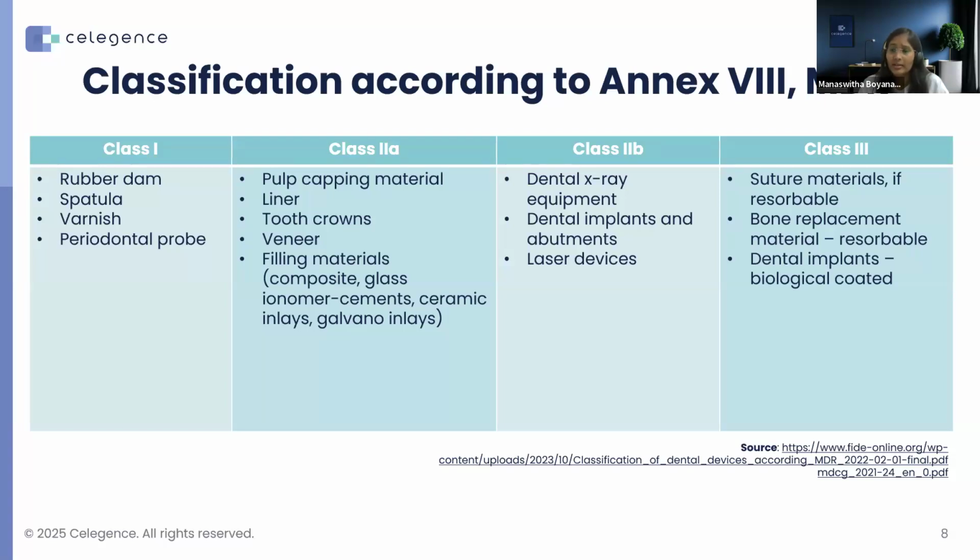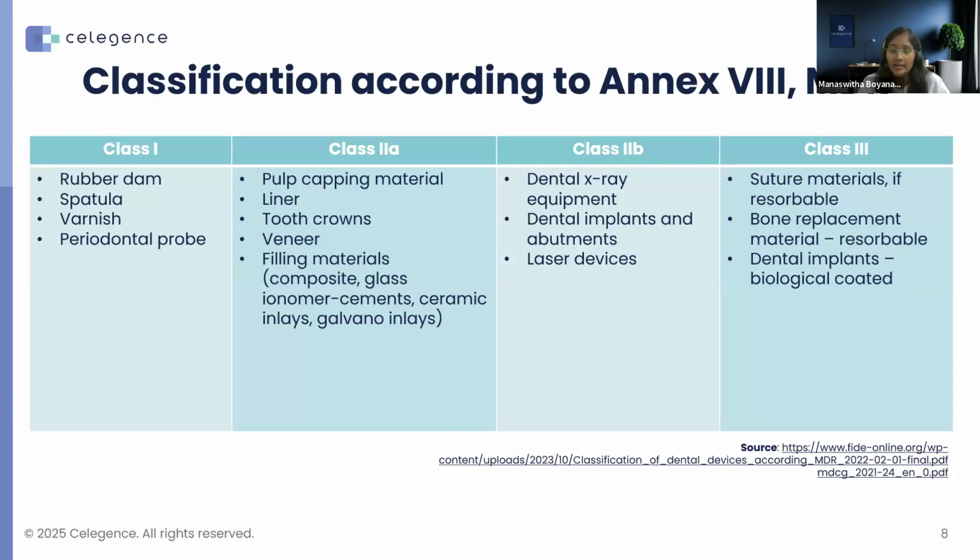Under the old MDD, many of these devices were considered low risk. MDR has upclassified, enforcing stricter classification rules. Let us take some examples of dental devices that are upclassified under MDR.